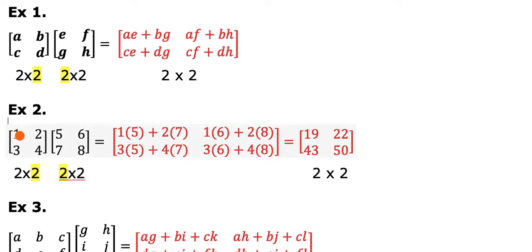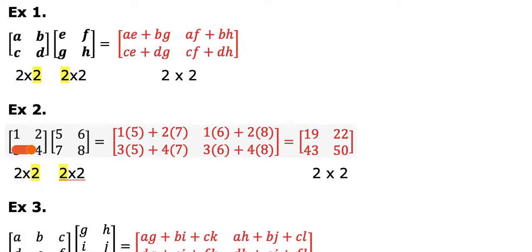So our next entry of our resultant matrix will be made up of our first row times the second column. 1 times 6 plus 2 times 8, which is 6 plus 16, which is 22.